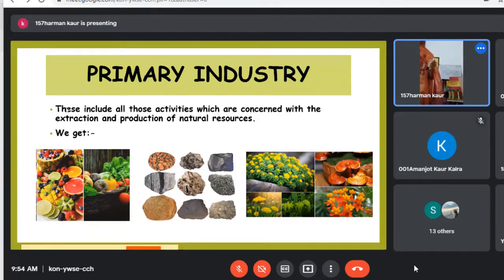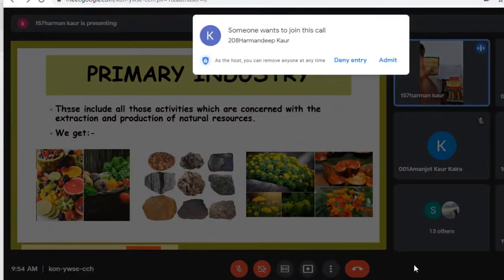Okay, the primary industry is further classified into two main industries and the first one is extractive industries.